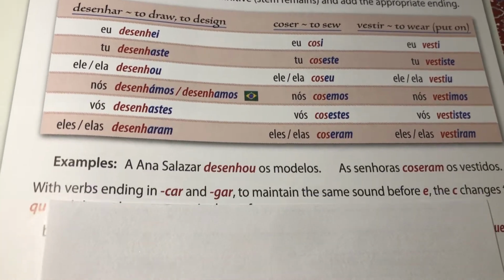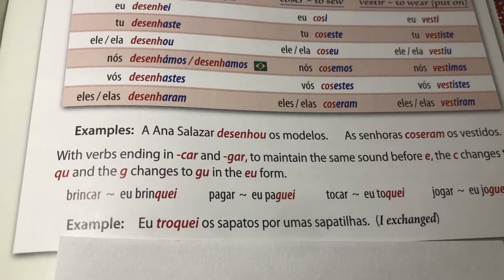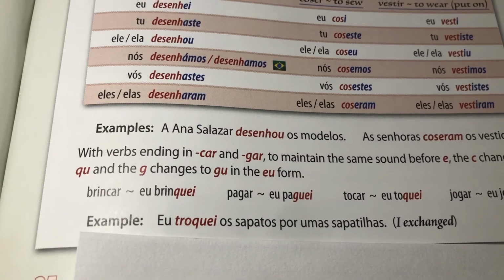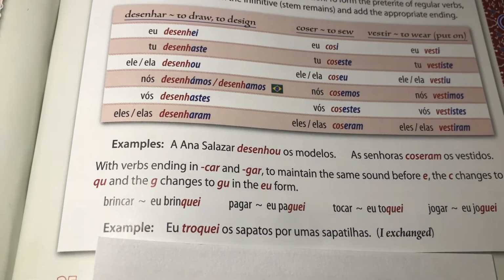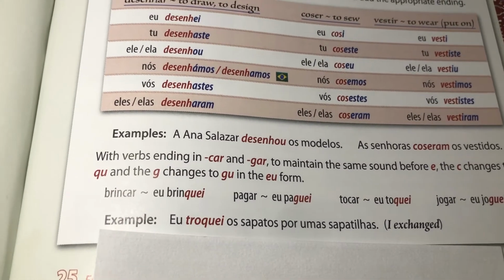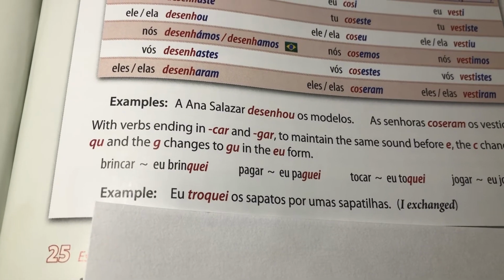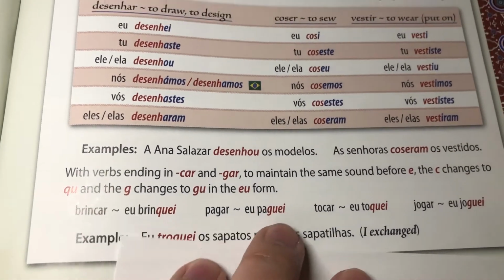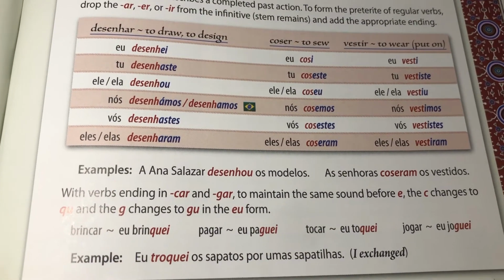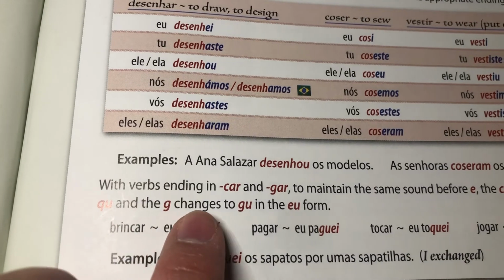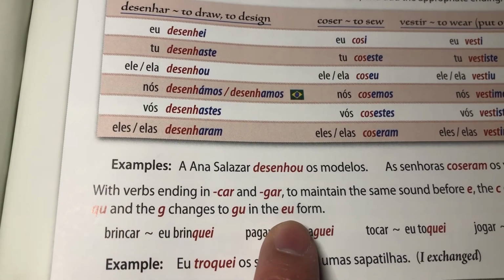Okay. All right. So now we're going to get into verbs that end in CAR and GAR. So what you need to do is, because you need to maintain the same sound, like it explains here, before the E, the C changes to QU, and the G changes to GU in the eu form.